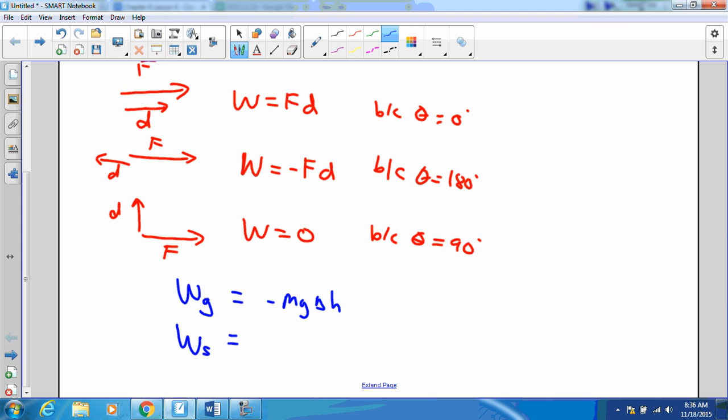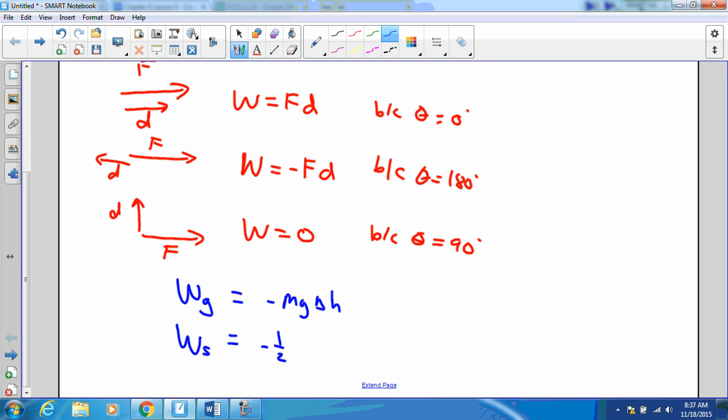And yesterday, when we computed the amount of work done by a spring, what we found was that we could not use this formula exactly because my force is continually changing. F equals negative kx. And so because of that, we had to draw a graph of the force and compute the area.